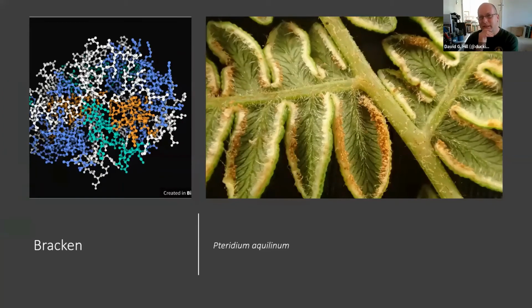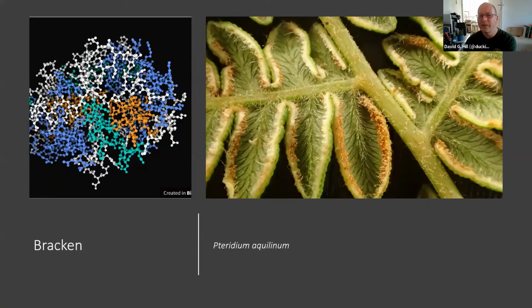Bracken is, I suppose, a good example of ongoing evolution. It's one of those plants that is in a continual battle with insect predators, so it's evolved quite an impressive array of chemical defenses. This one is thiaminase, this little protein on the left, and that basically damages vitamin B within animals, ruminants.